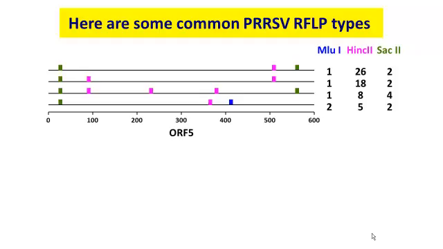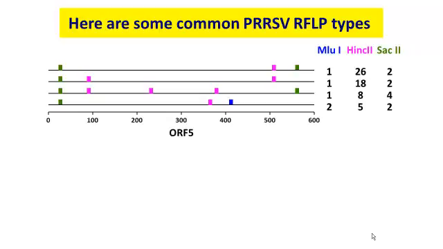Okay. So just a little bit about the way RFLP came about. There are 3 restriction enzymes that digest once or a few number of times in the ORF5 600 base sequence, and depending on the pattern of where restriction sites exist in this sequence for these 3 enzymes, the naming system was developed.